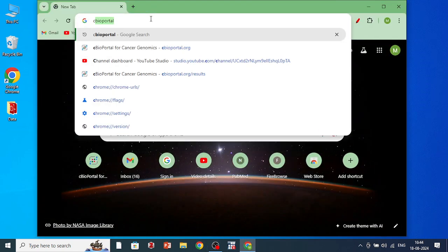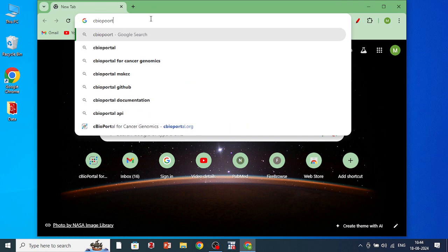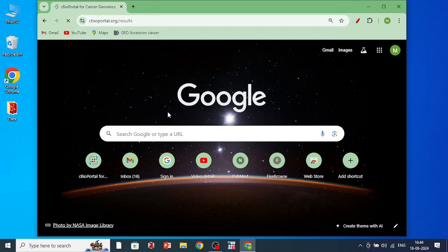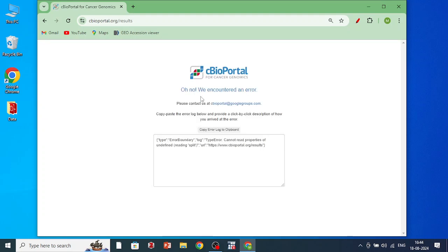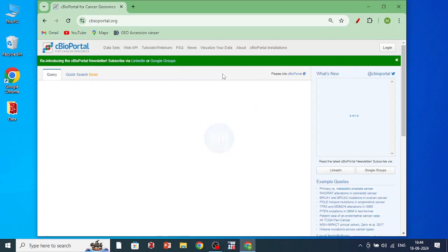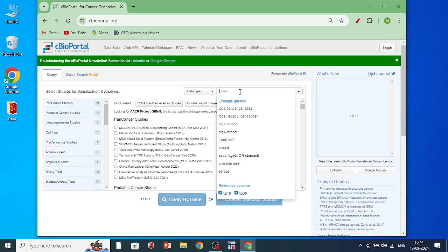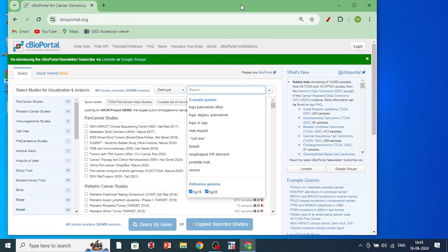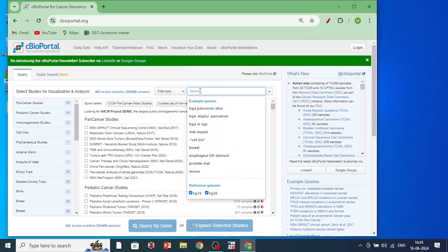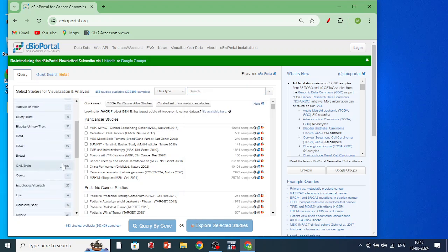So I'm going to cBioPortal and I am accessing, let's say, low grade glioma. So I'm just going for the brain.